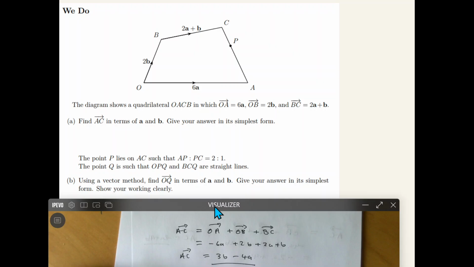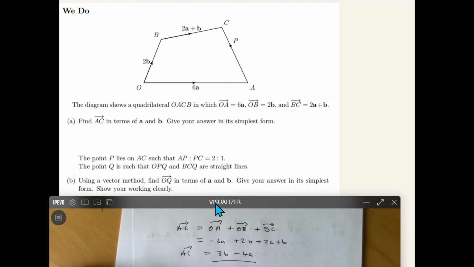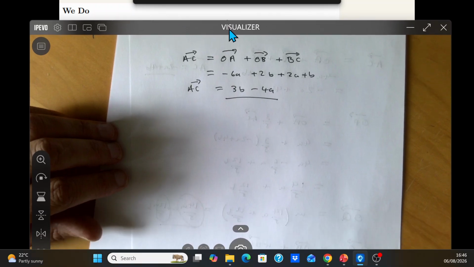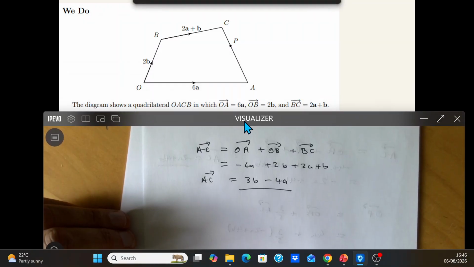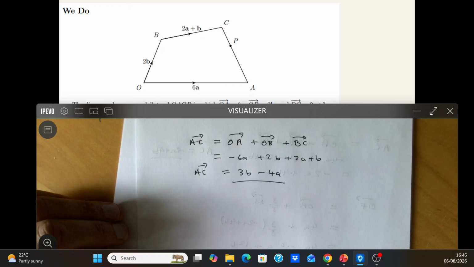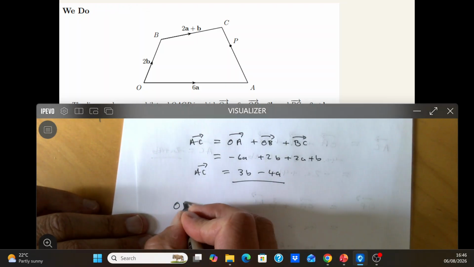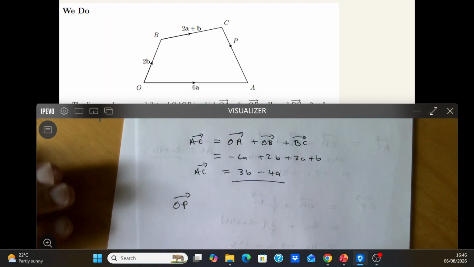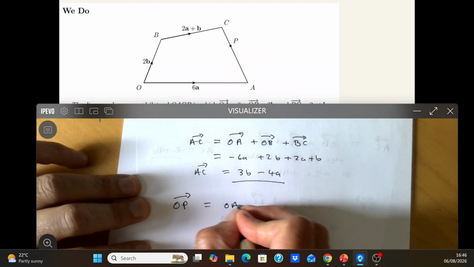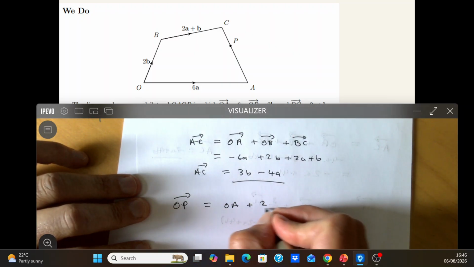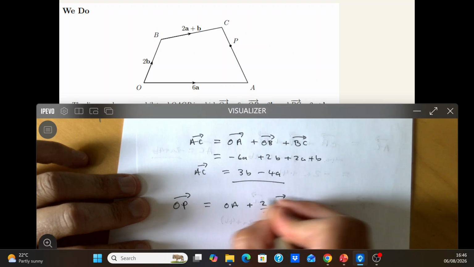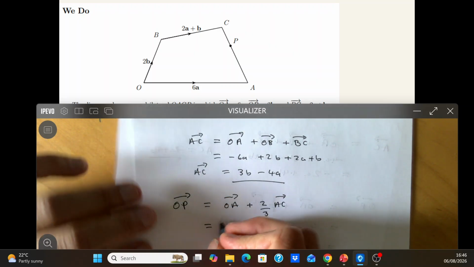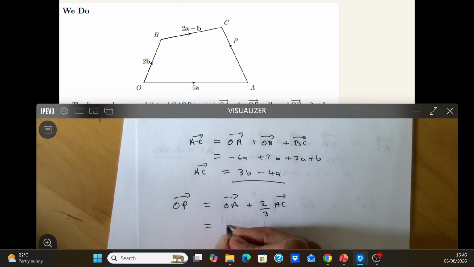Now, you know you've got your lines. You're going to find your lines. So first of all, let's find OP. Can you write down O to P using AP? Put your numbers in, so your vectors in.